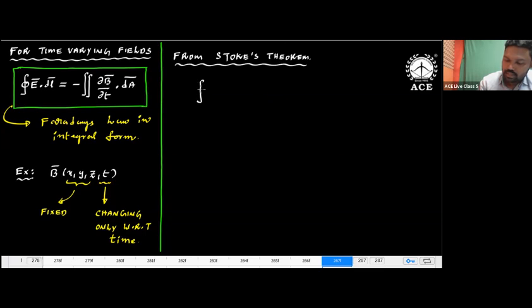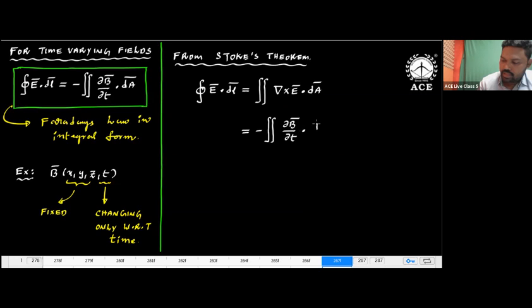From Stokes theorem, this closed line integral of E dot dL is equal to surface integral of del cross E dot dA, which is equal to minus surface integral of dou B by dou t dot dA, beta. Equate these two things. If I equate these two things, del cross E is equal to minus dou B by dou t.